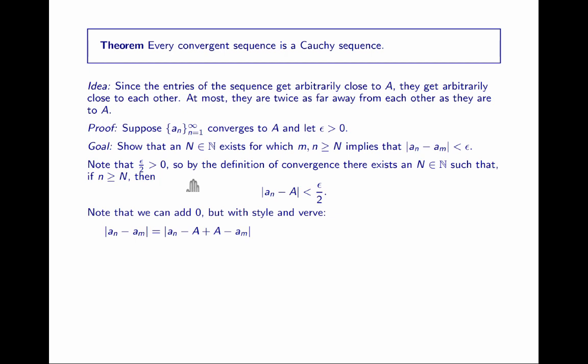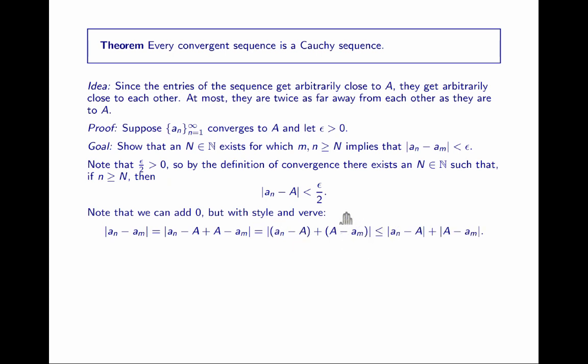So here's where we add 0 by adding negative A and A. We group an minus A and we group A minus am. Of course, we didn't really do anything other than emphasize that we're going to group this and group this.